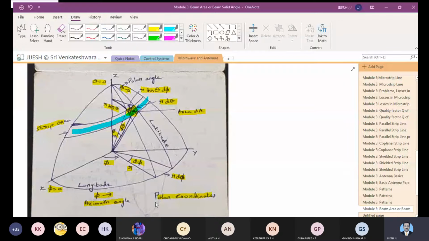So draw this figure, it should be in the three-dimensional view. That small area through which the signal is being transmitted is very important for us.